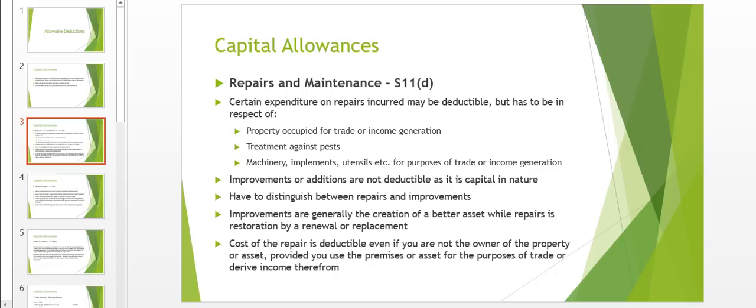Okay, so basically what section 11D says is that repairs of any property or machinery, implements, or utensils which is used for trade or income generation, the cost of these repairs is an allowable deduction. But improvements or additions are not a deduction as they are of a capital nature. Okay, so that's fairly simple.